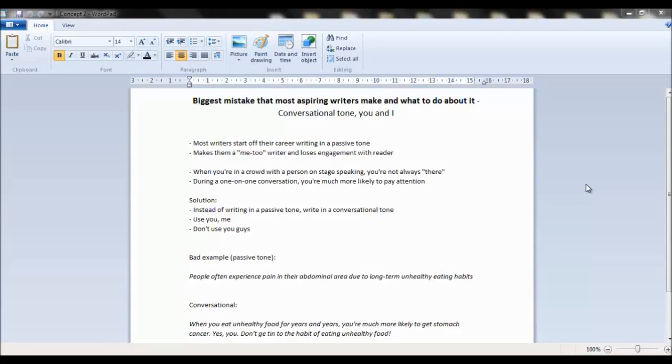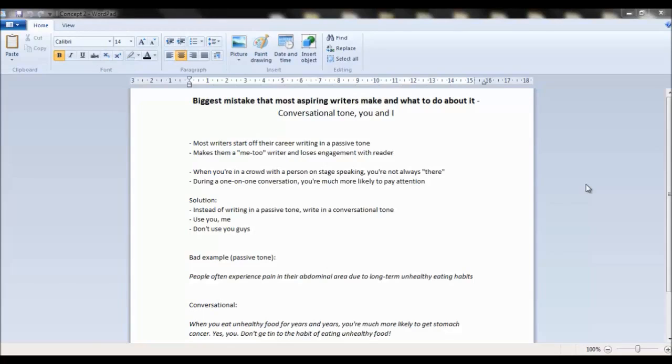You don't want your audience or readers to do that when they're reading your content. As opposed to that, during a one-on-one conversation, you're much more likely to pay attention. Sure, your mind might drift off and you might go, oh, wait, what were you saying? Come again? But you're much more likely to pay attention because it's a one-on-one conversation.